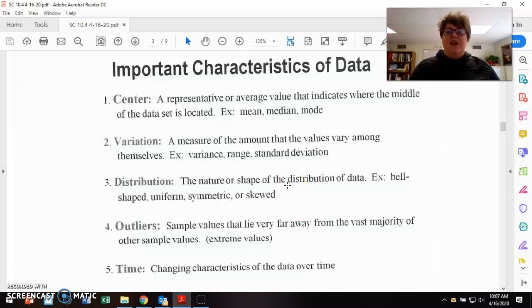If the top of your bell is off to the right, that means your test was too easy. If everybody failed it, that means you need to reevaluate it. Outliers, we talked about before when we were doing graphs, are ones that aren't with the rest of the data. They tend to skew things quite a bit.